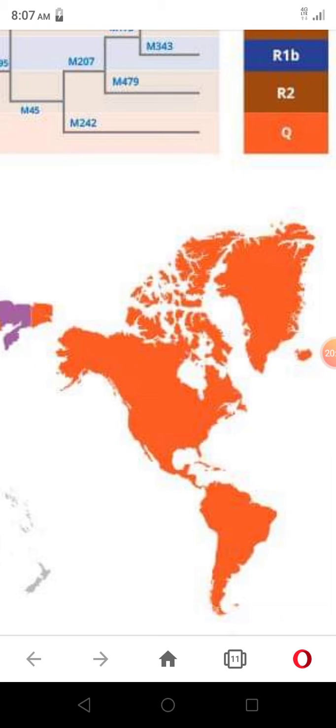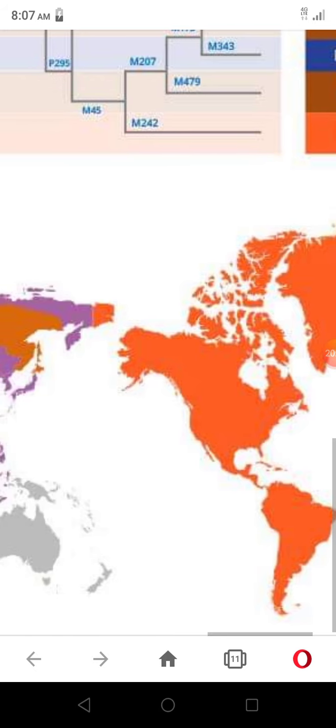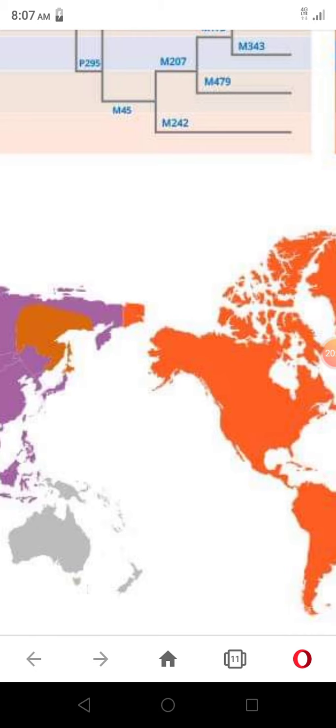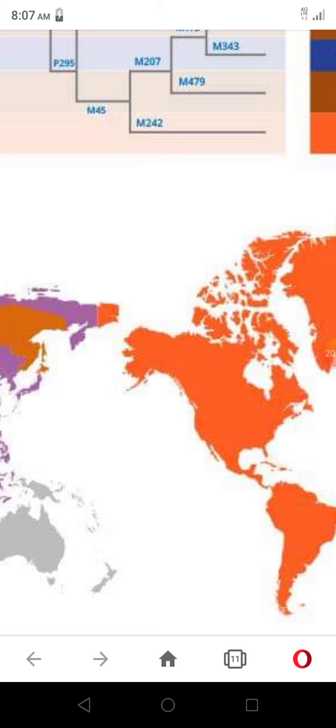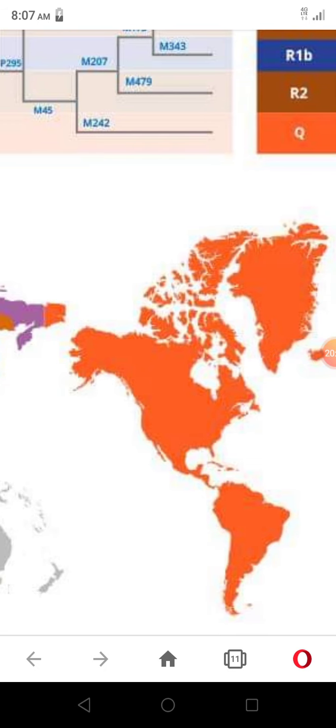The marker is C3A. So you have C3A, and sometimes you could probably get a C4 in the Americas. So you have this big jump from C1 and C2 to a mutation in the Americas.